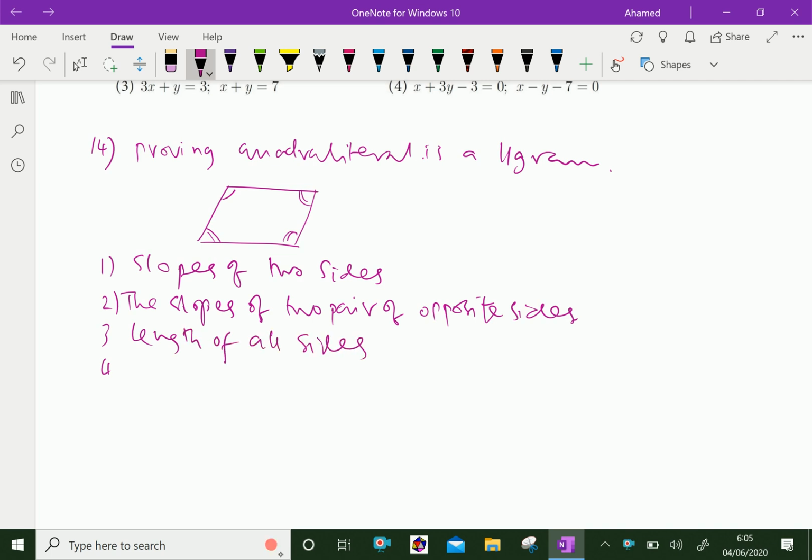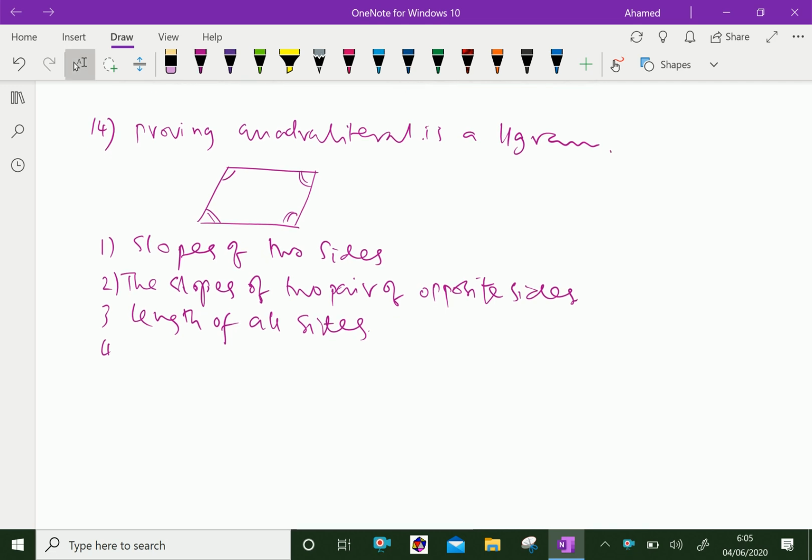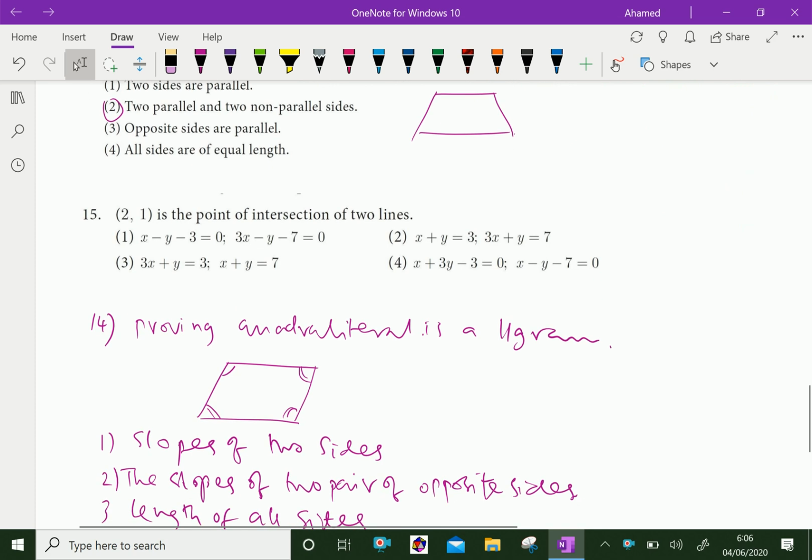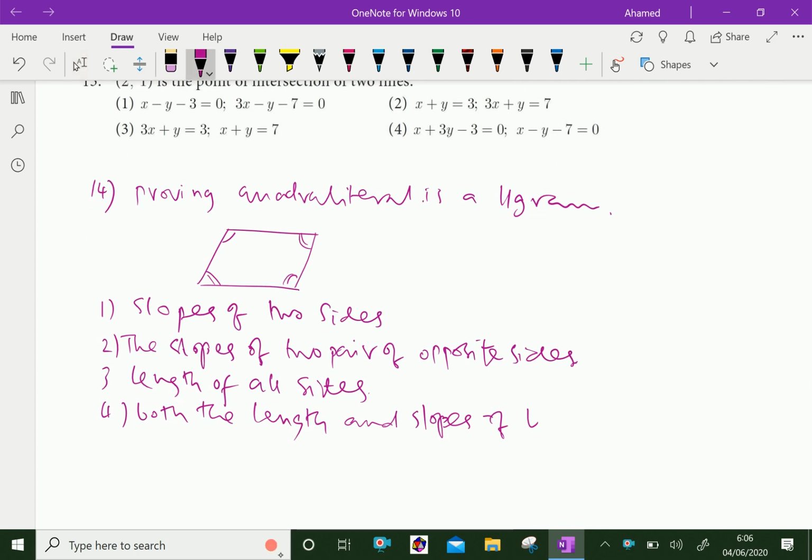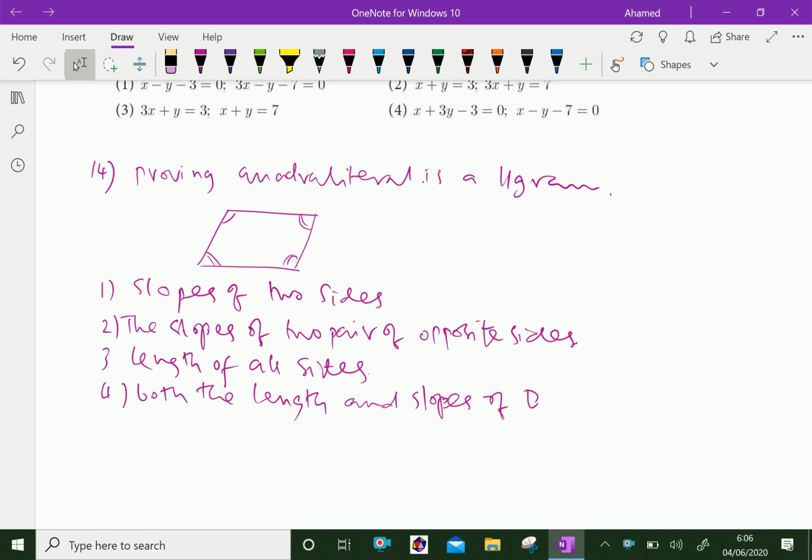Then the fourth option is both the length and slopes of two sides.